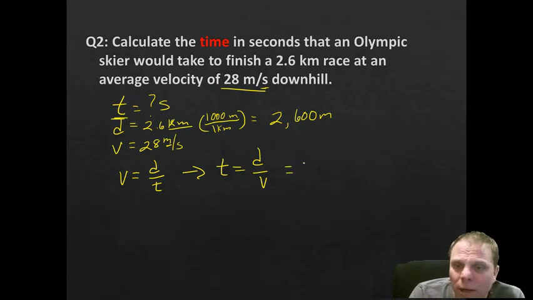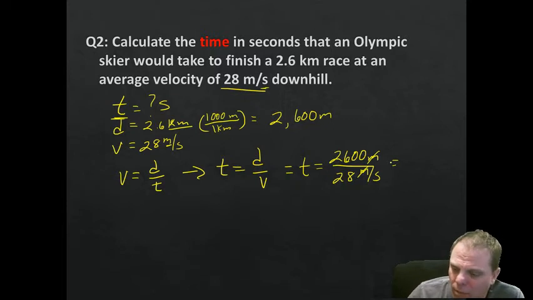We say, all right, well, t is equal to distance, 2,600 meters, divided by velocity, which is 28 meters per second. My meters cancel out, and we plug it into our calculator. We say 2,600 divided by 28, and we get 92.86.